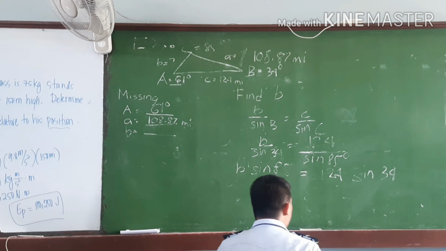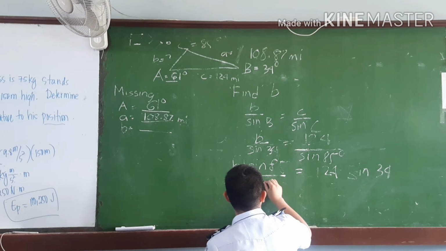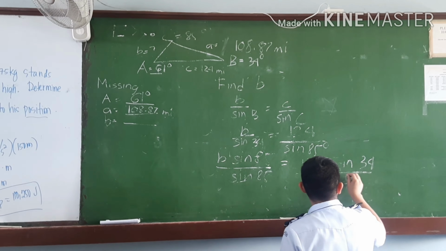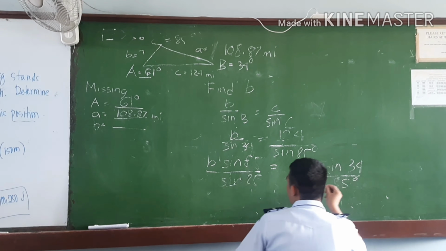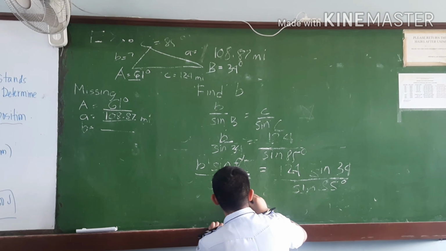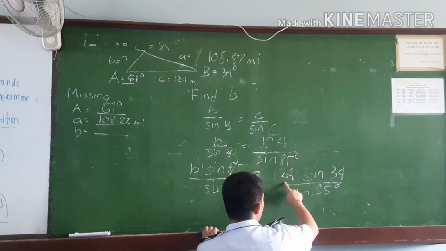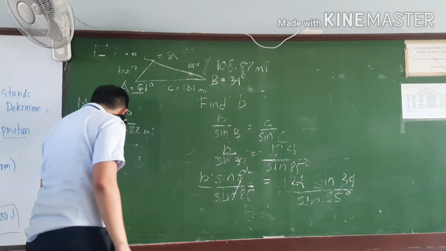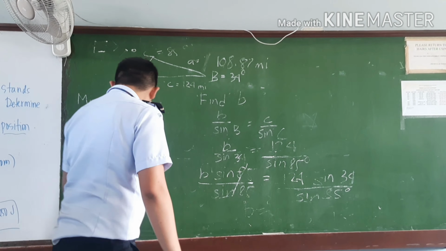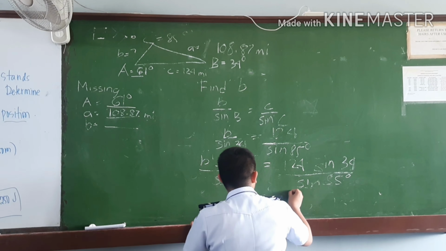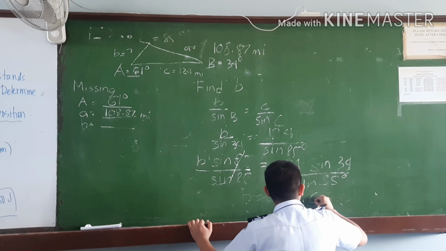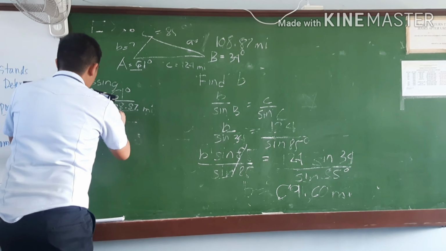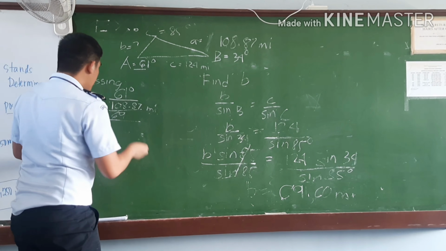In order to get B, we must divide both sides by sine 85, so it cancels. So B is equal to 124 sine 34 over sine 85. The value of B using a calculator is 69.60 miles. So this is the value of side B.